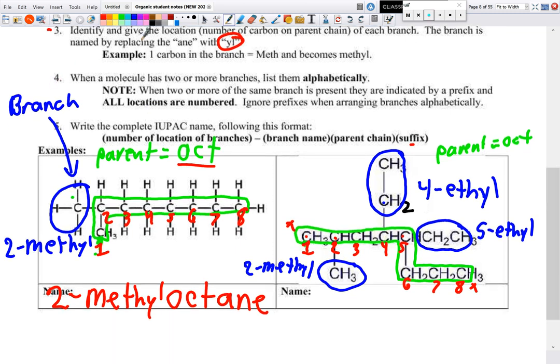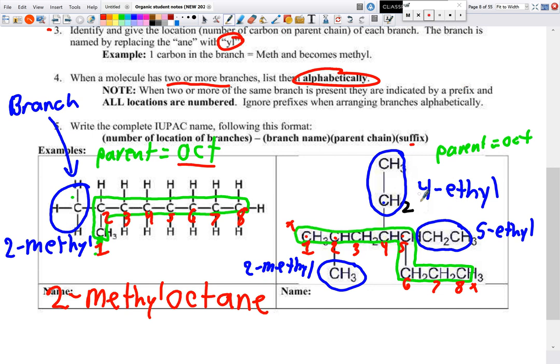Now, step 4. This is going to be the tricky part. Step 4 says, when a molecule has 2 or more branches, list them alphabetically. Do not take the prefix into account for alphabetical order. Do not do that. That's why I never wrote di or tri or anything here. I see methyl, I see ethyl.